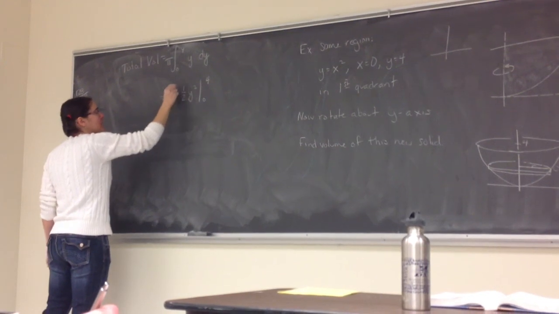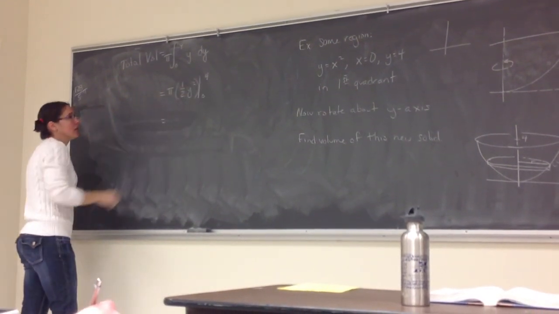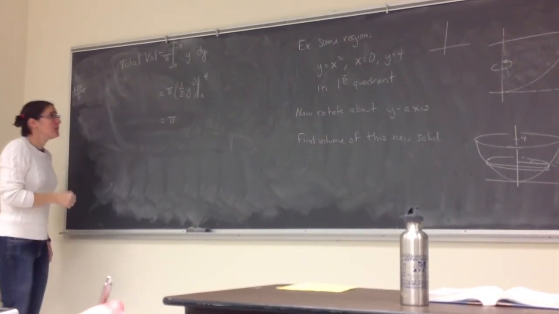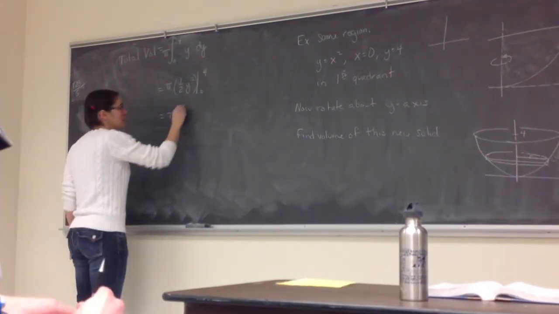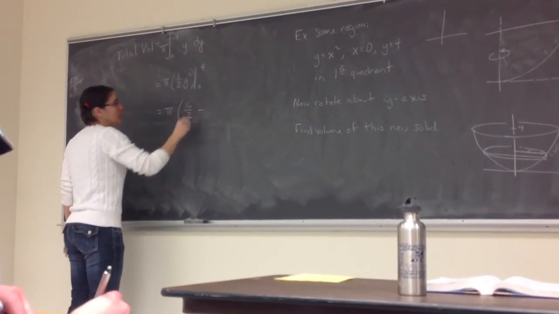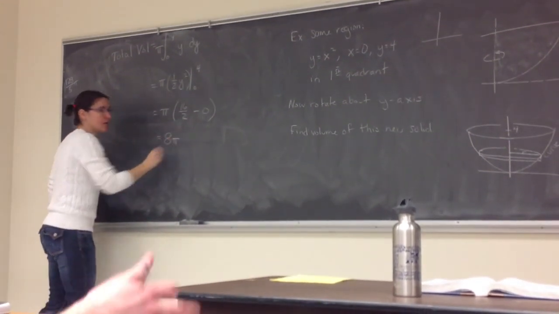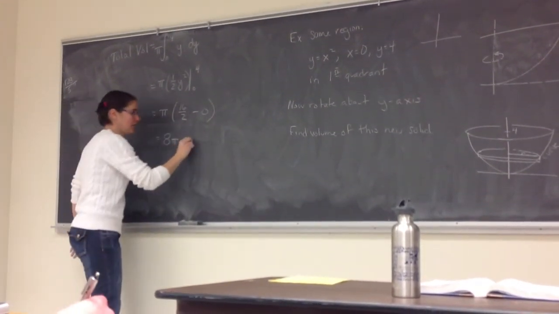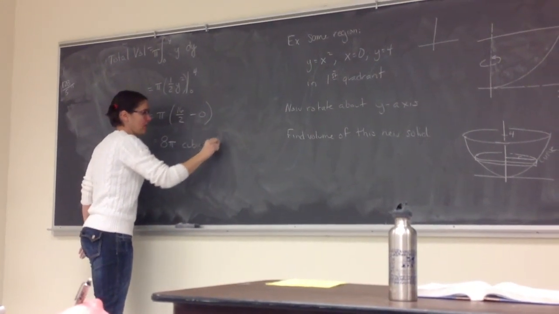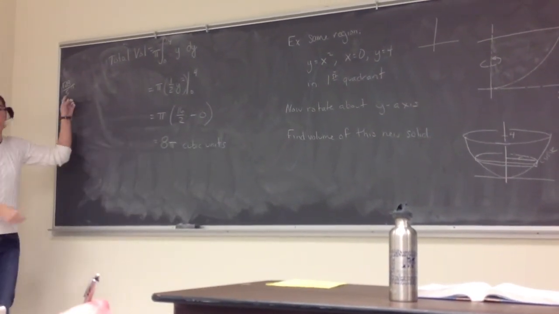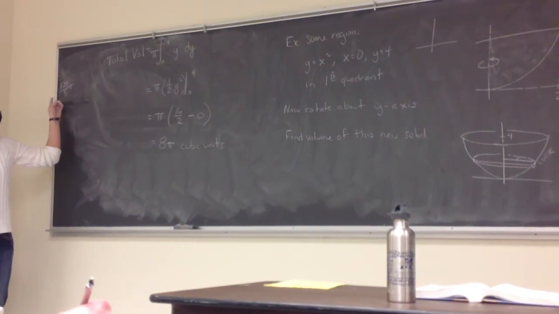We still have a pi out in front. And so we'll plug in 4, and so we've got 16 over 2, minus plugging in 0, and so we end up with a value of 8 pi cubic units, which is way different than 128 over 5 pi cubic units.